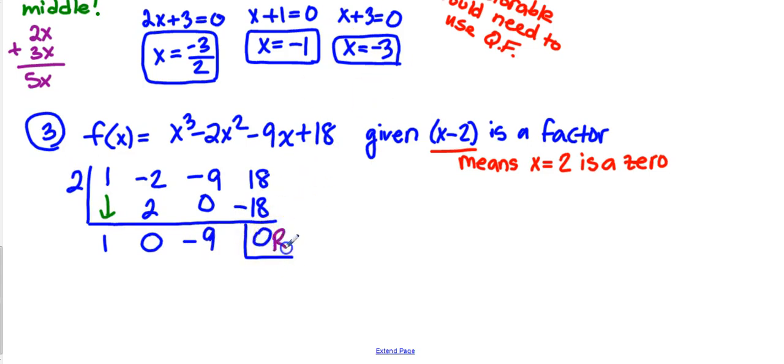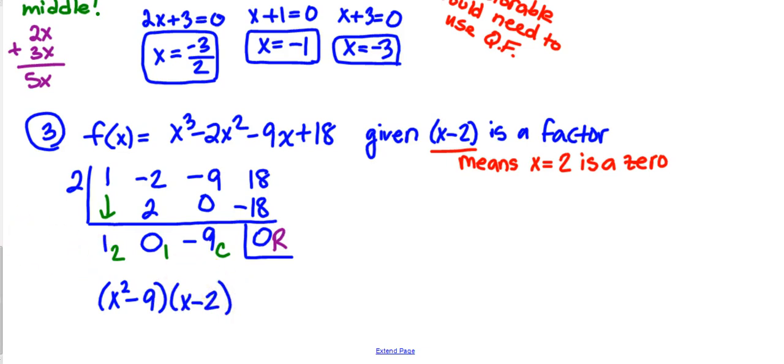So here's my remainder. Going backwards, we have constant, 1, 2. I get x squared minus 9. And I don't want to lose track of my original factor, so I will write x minus 2 right here.